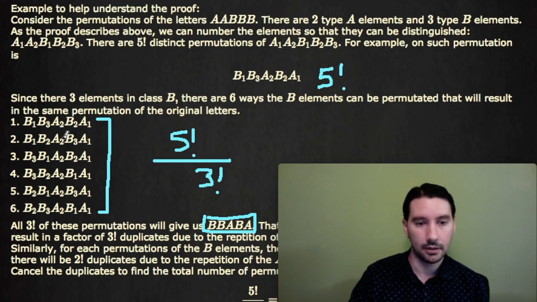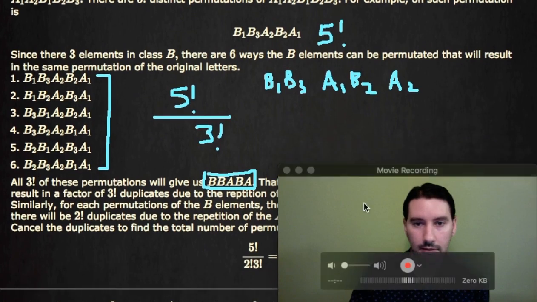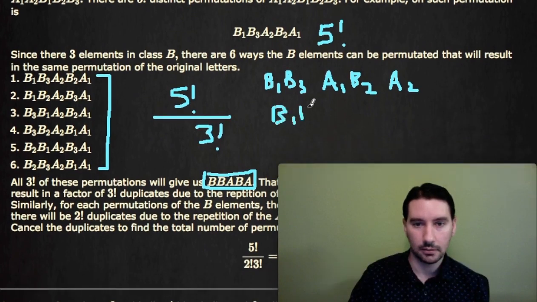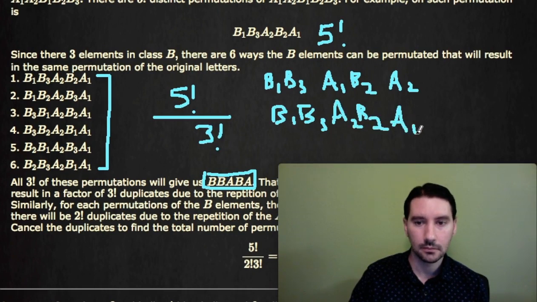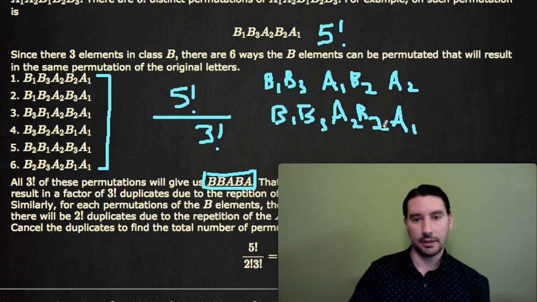And similarly, for each way that the B's go, B1, B3, B2, with a gap there, we could have A1 and A2, or we could permute the A's to be B1, B3, B2, and then this could be A2 and A1. So for each order of the B's, I'm going to get 2 times the number of permutations because there are 2 factorial ways to permute the A's.